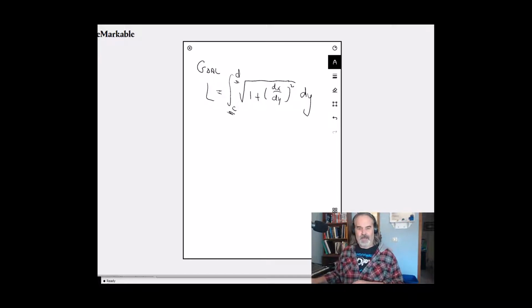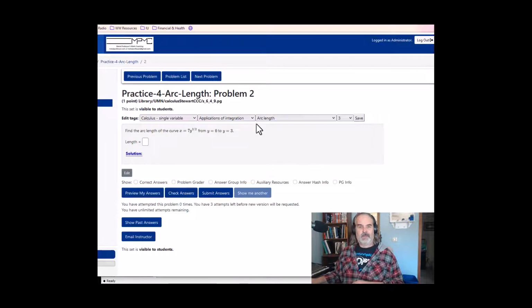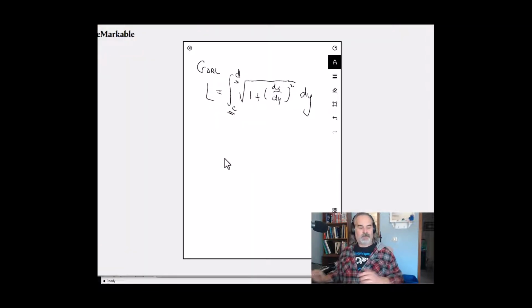Okay, we have a function of y, 7y to the 3 halves, from y equals 0 to y equals 3. So I have x equals 7y to the 3 halves as the function we're going to mess with.